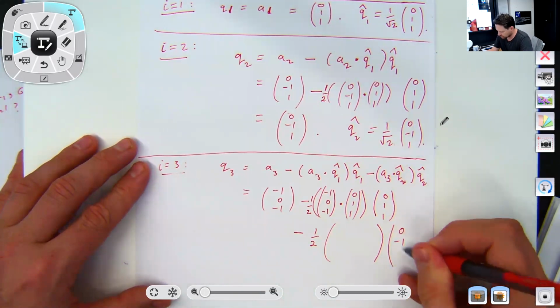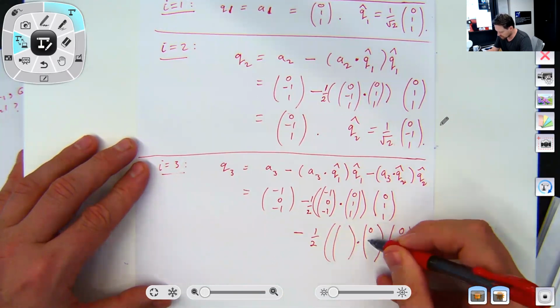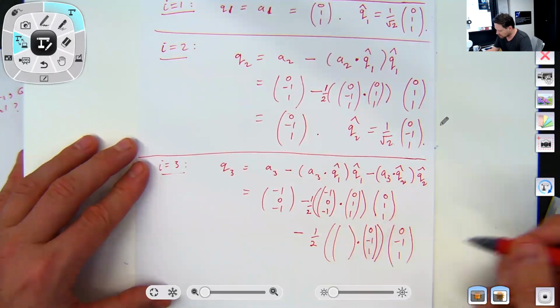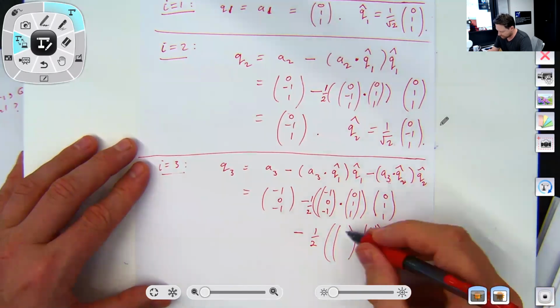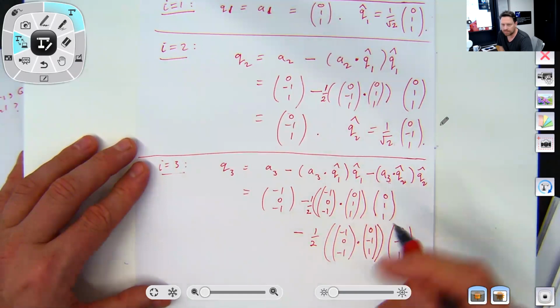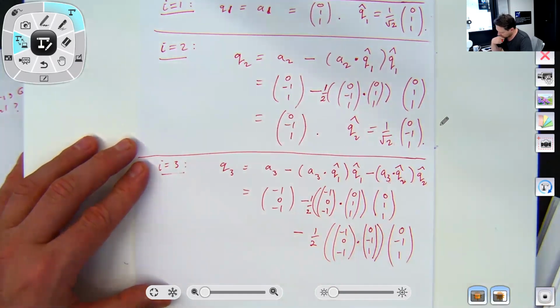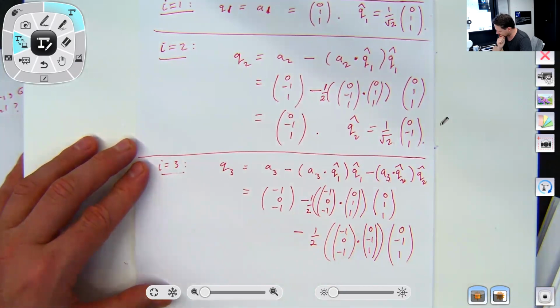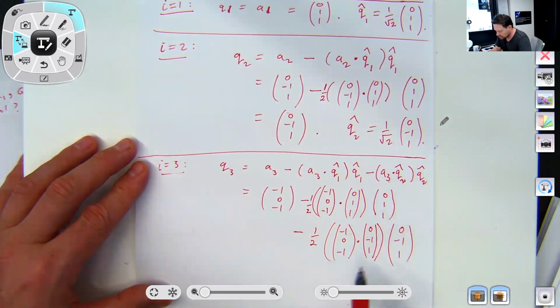So 0, minus 1, 1, and then our dot product 0, minus 1, 1. Okay, and I just need to fill in A3 there. So A3 is minus 1, 0, minus 1. All right, good. Now we can just look at that and take our dot product. And so I can see that it's just minus 1 here, because we have zeros everywhere else. And so minus 1 times minus 1/2 there is plus 1/2.